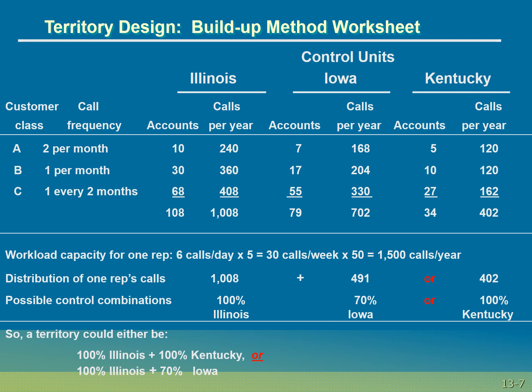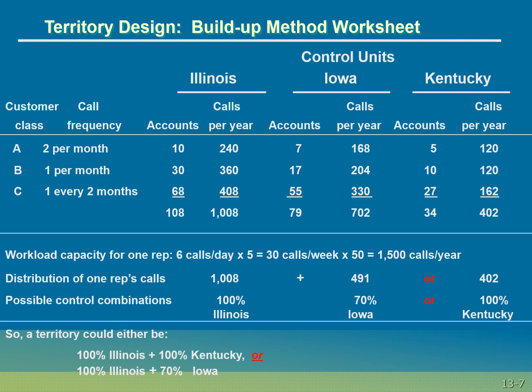Or you can ask this person to do 491 calls from Iowa, or 402 calls from Kentucky, all of them from Kentucky, okay?